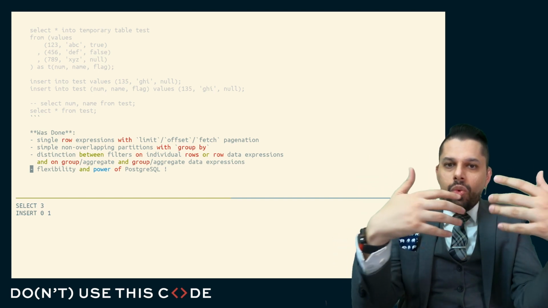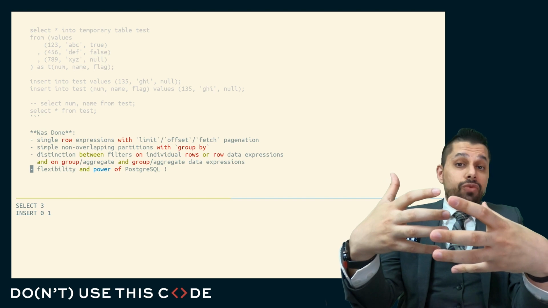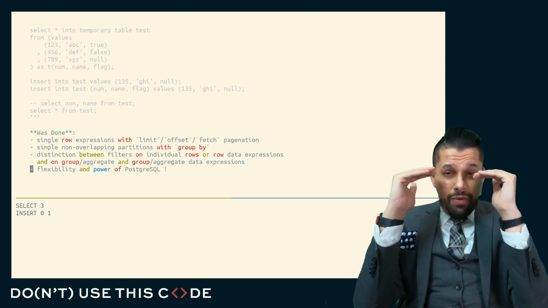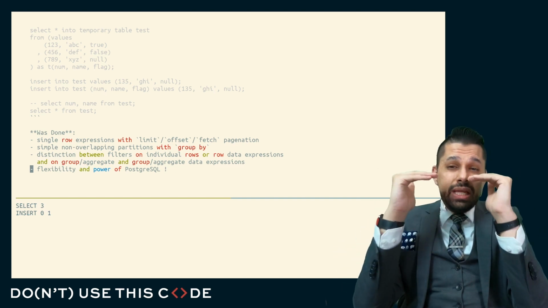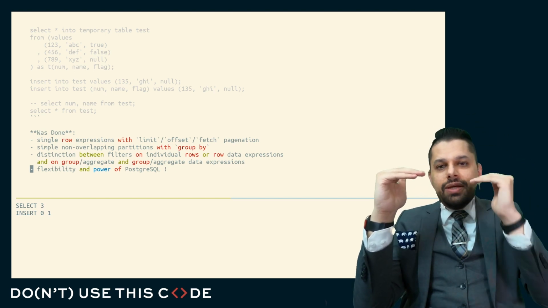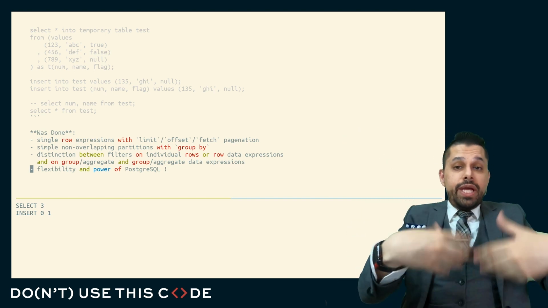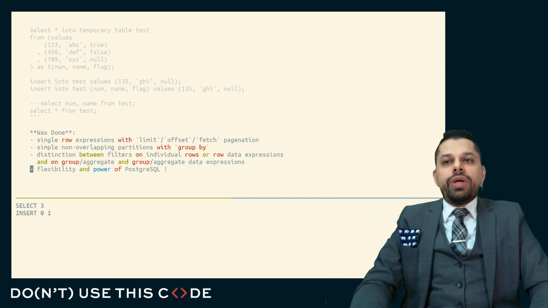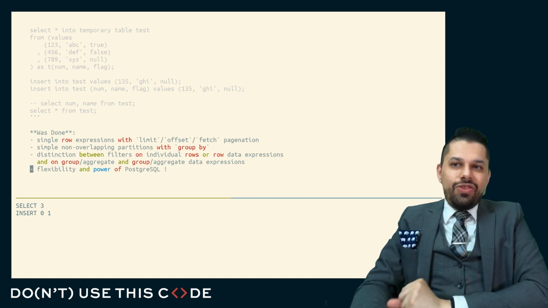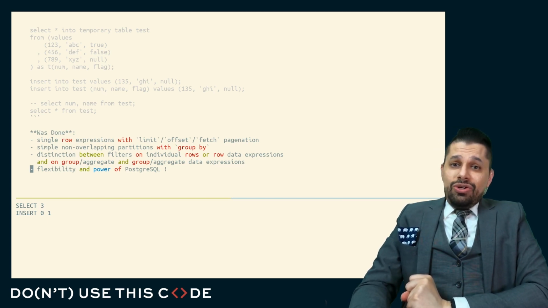The distinction between where and having is where is about filtering the data before it gets loaded, effectively performing a filtering on an individual row, which can happen really early in the process. Whereas having is about filtering on a grouped expression, which requires that you load up the data and perform the grouped expression before you can do the having. And one other thing that we saw was Postgres has a lot of really cool features. It's not 1989 anymore. This is definitely at least the year 2000.